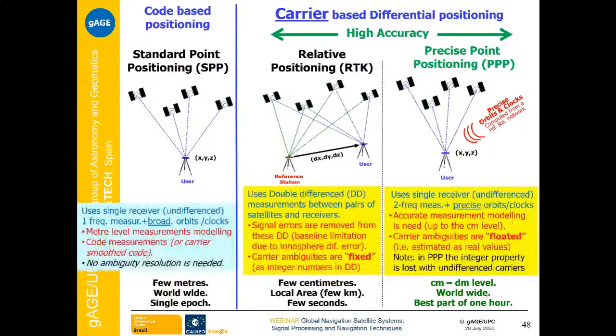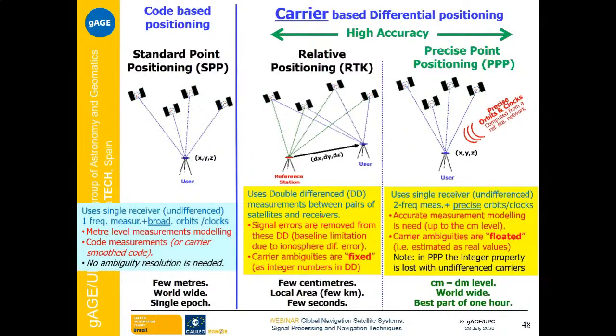In the case of code-based, there is no limitation, there is no ambiguity involved. In RTK, we use double differences between pairs of satellites and receivers, in order to remove the real valued terms that correspond to the satellite and the receiver.